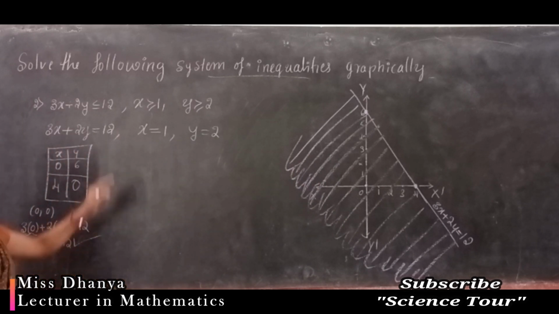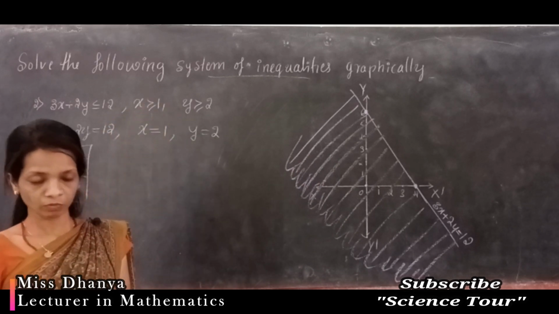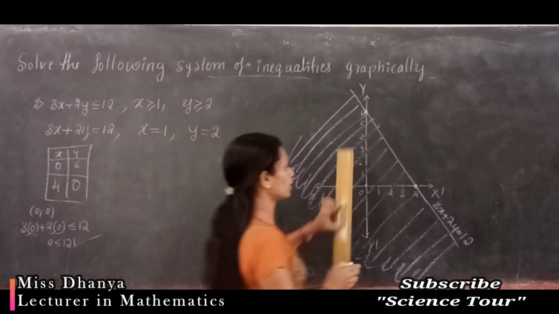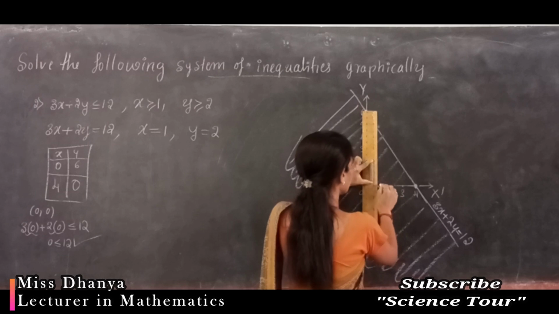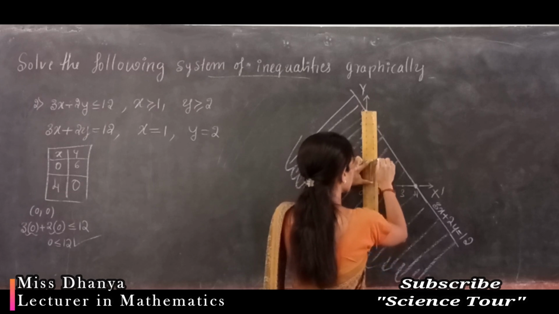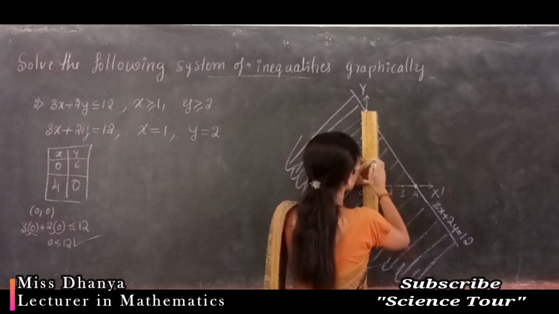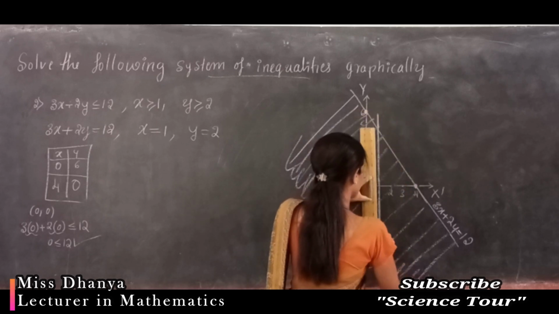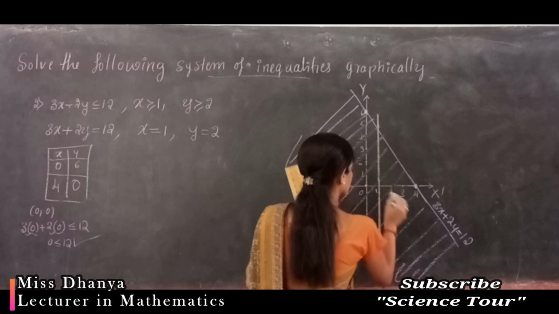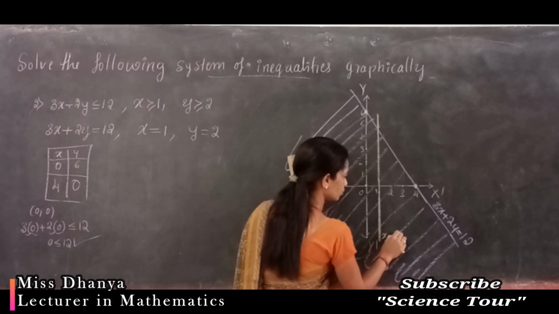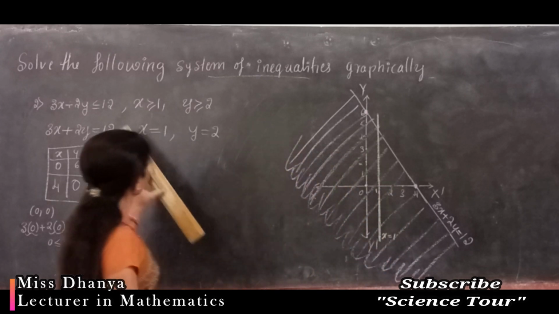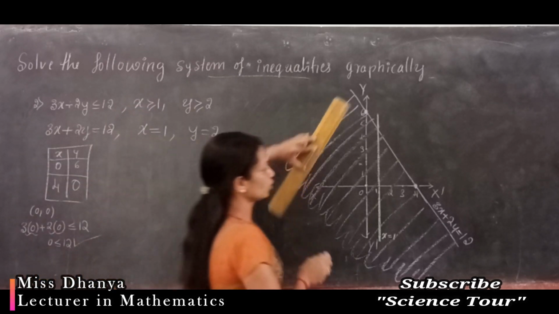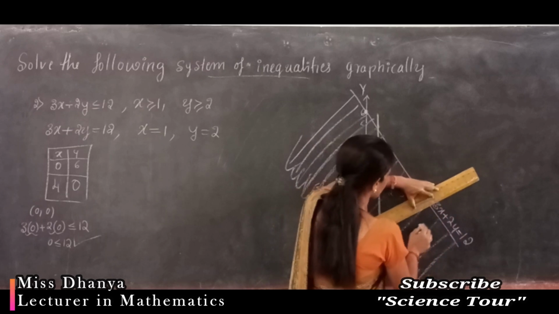Next inequality is x greater than or equal to 1. For that the line is x equal to 1, that is a vertical line passing through 1 on the x axis. So draw a vertical line. This is the line x equal to 1, vertical line. And you have the inequality x greater than or equal to 1, which means to the right side of the line x equal to 1.